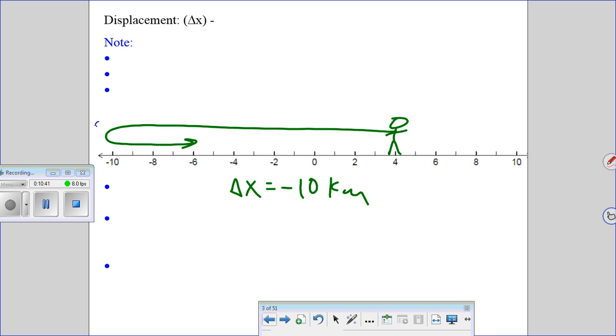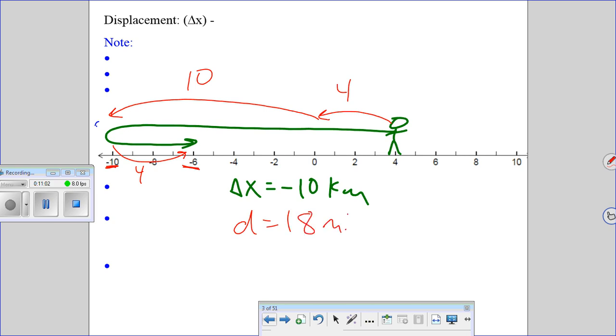Let's see, 4 miles to get to 0, 10 miles to get back to the Prime Minister's house, and then from negative 10 to negative 6 would be another 4 miles. So the distance here is actually 18 miles, because that's how far Tim Horton had to travel to get from the restaurant to the Prime Minister's house and then back to Alanis Morissette's.